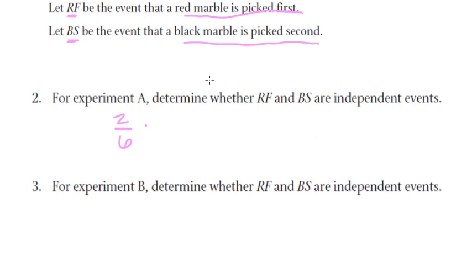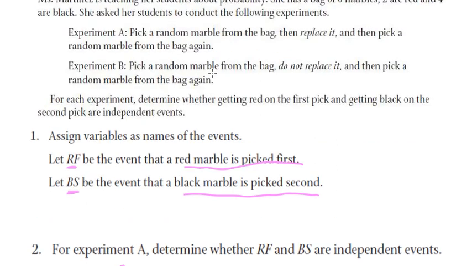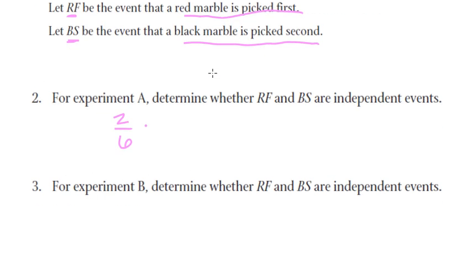And then they're going to put the marble back in, and then the probability of the black being picked second would be 4 out of 6. So because we're able to determine each of those, we know we could find the probability by multiplying, and because it was replaced, they are independent events.